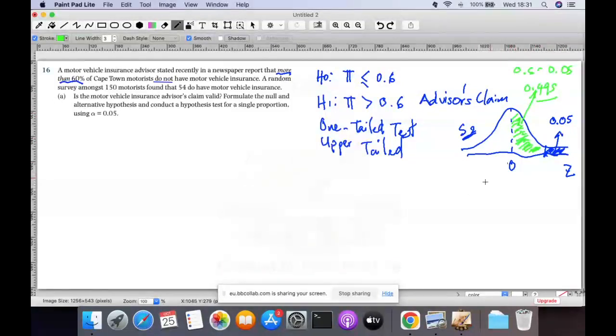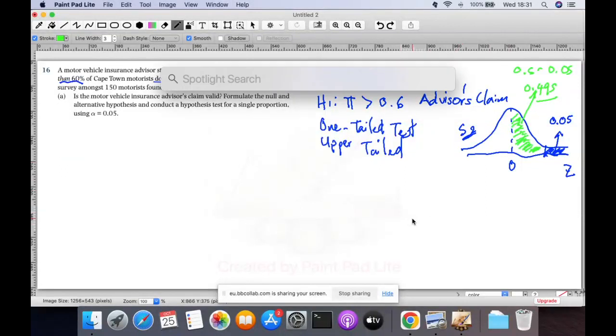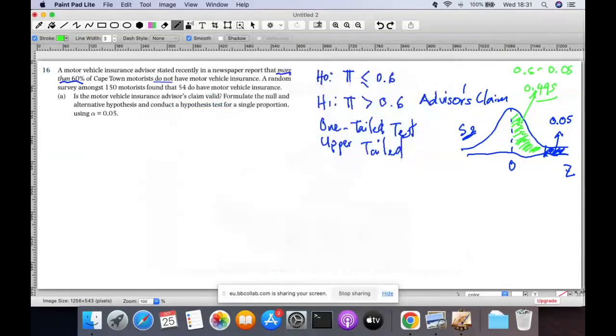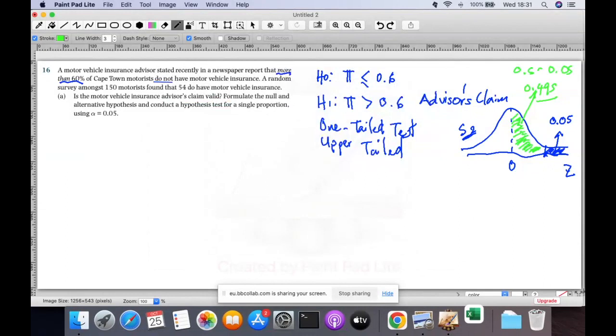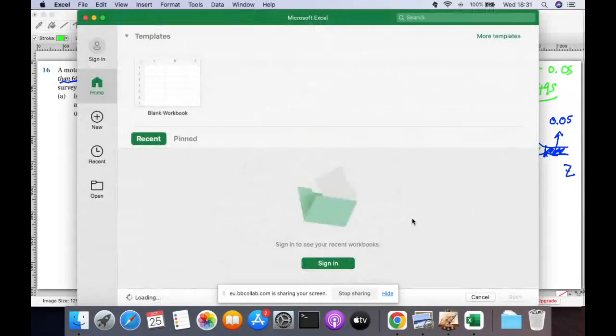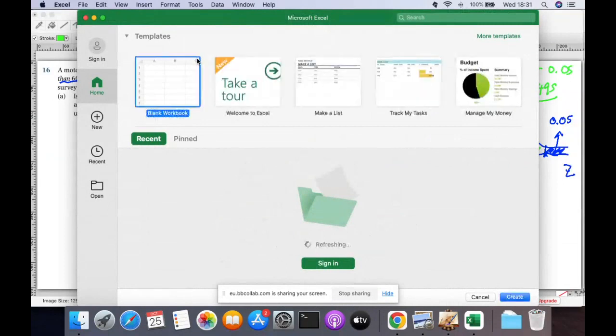So that point, wait, give me a second. 0.5 minus 0.05. I just want to check my calculation here, please. Should be 0.45. Should be 0.45.